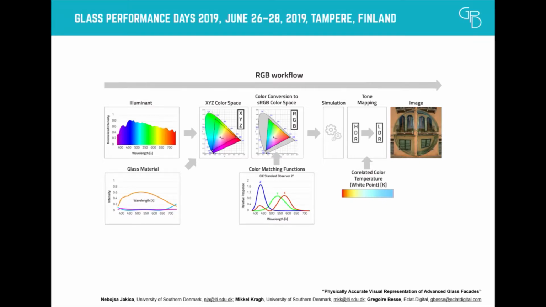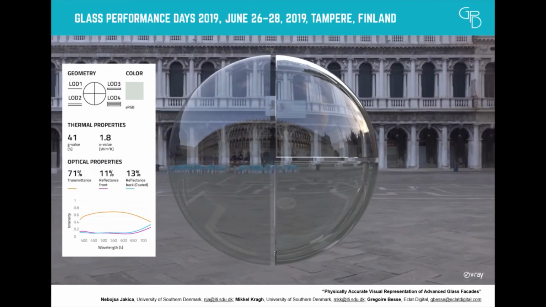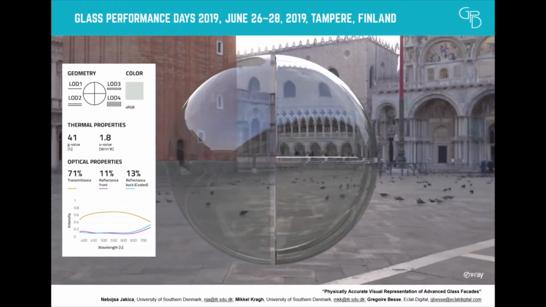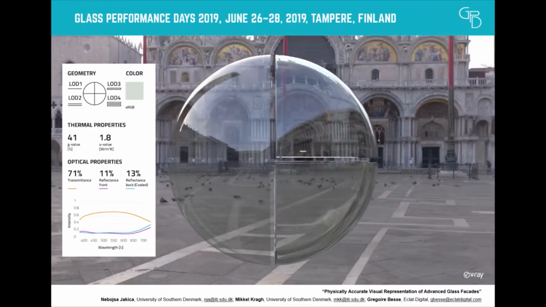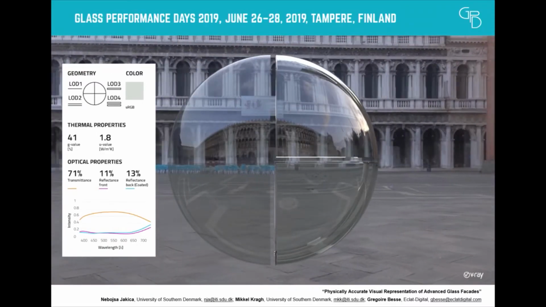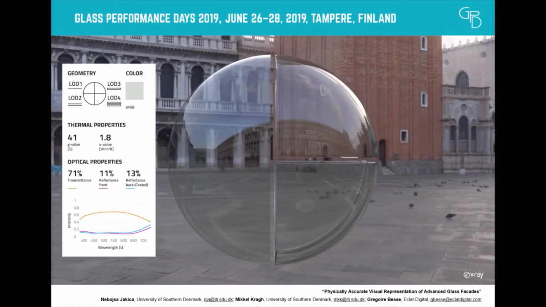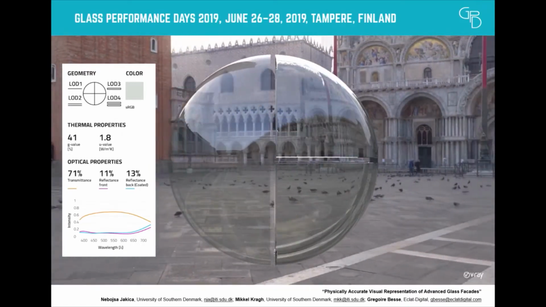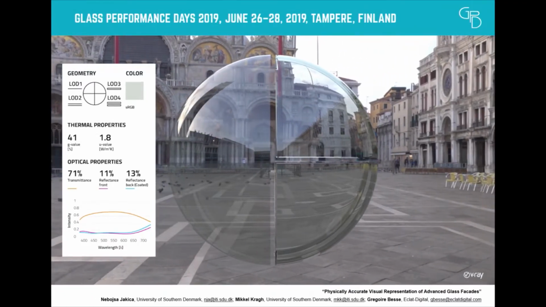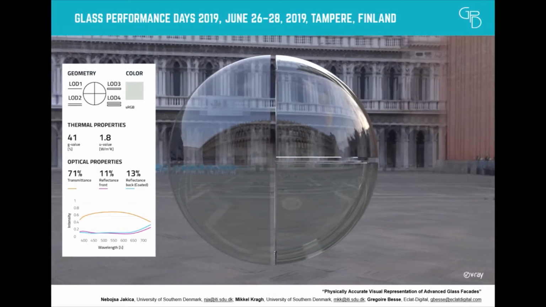So all these aspects are somehow lost in the RGB workflow. Nevertheless, we can still visualize, but with a lower level of accuracy. But I think within this workflow, the intention is to actually increase the current level of representation and to allow mass adoption of reasonably accurate representation.